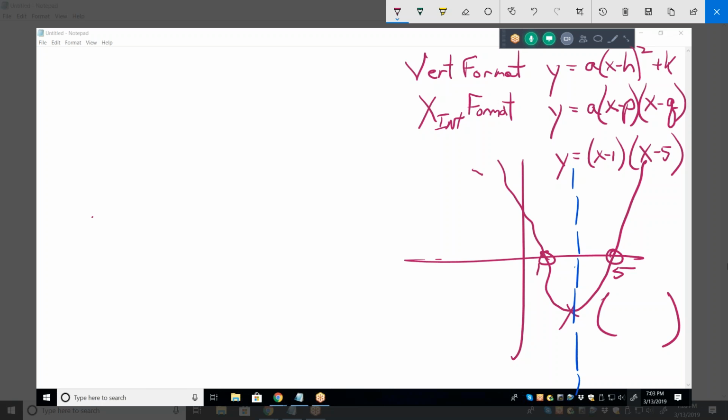The x-coordinate would be 2, or... What you do is you add those two numbers and you divide by 2. And that'll handle all positive or negative numbers. You add the two numbers and you divide by 2. So the x-coordinate is 3. So now we know almost everything from the x-intercept format. The only thing I don't know is the y-coordinate. Well, how would I get the y-coordinate?